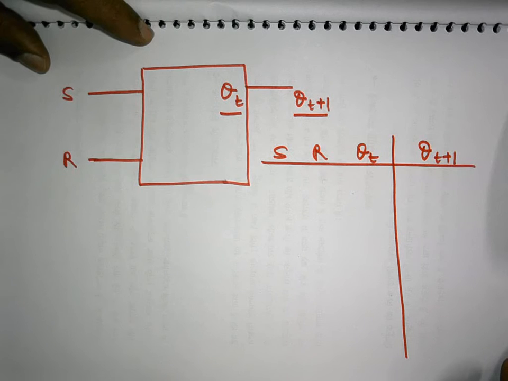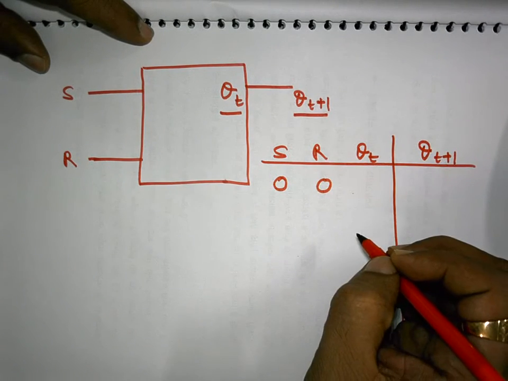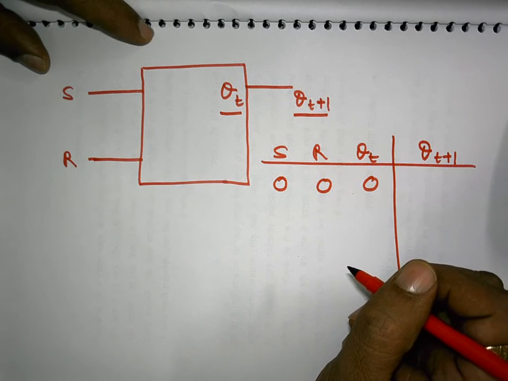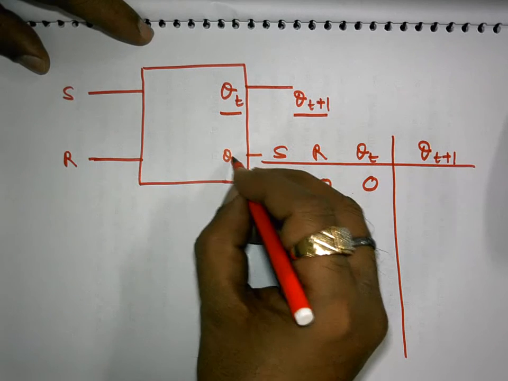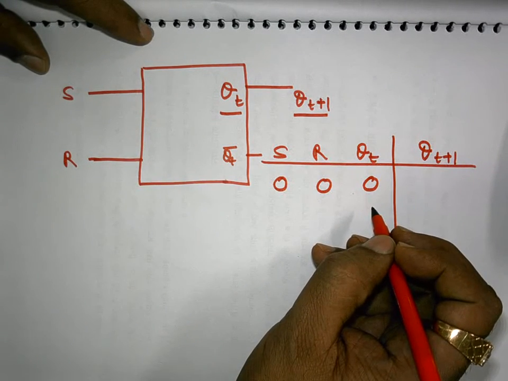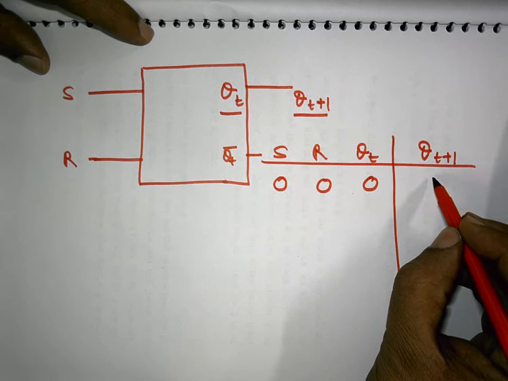Suppose S was 0, R was 0 and Qt was 0. Naturally Qt bar will be equal to 1, but it is not needed to see this. If S was 0, R was 0, Qt was 0, what will happen to Qt plus 1?